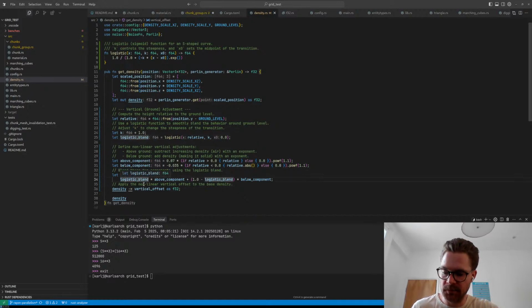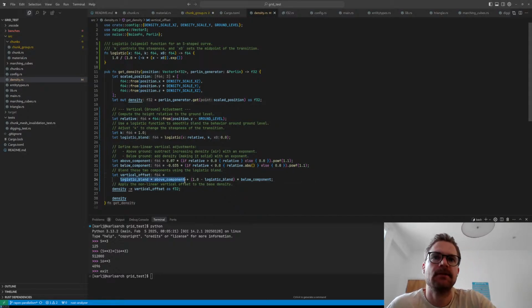Yeah, so I was saying this doesn't make a lot of sense because if you're above, this is going to be 0, right? Below component. If it's below 0, no, it's not. Relative absolute. If it's above ground, though, wait.